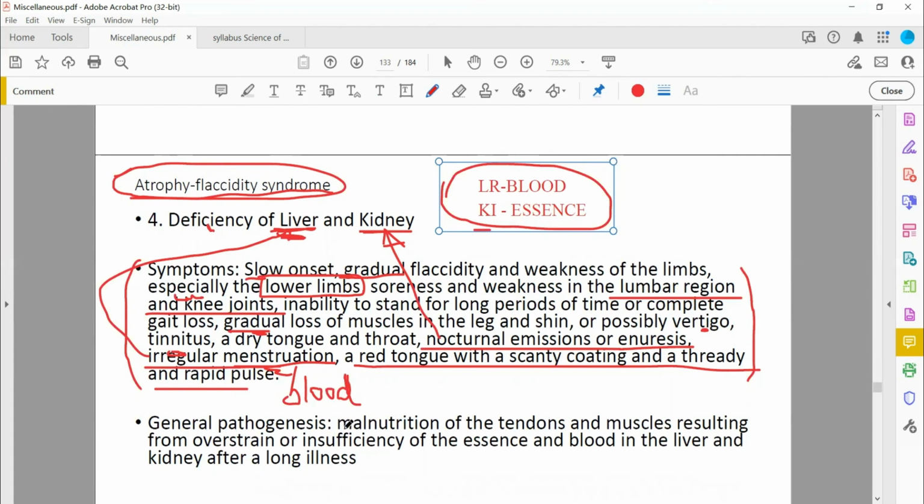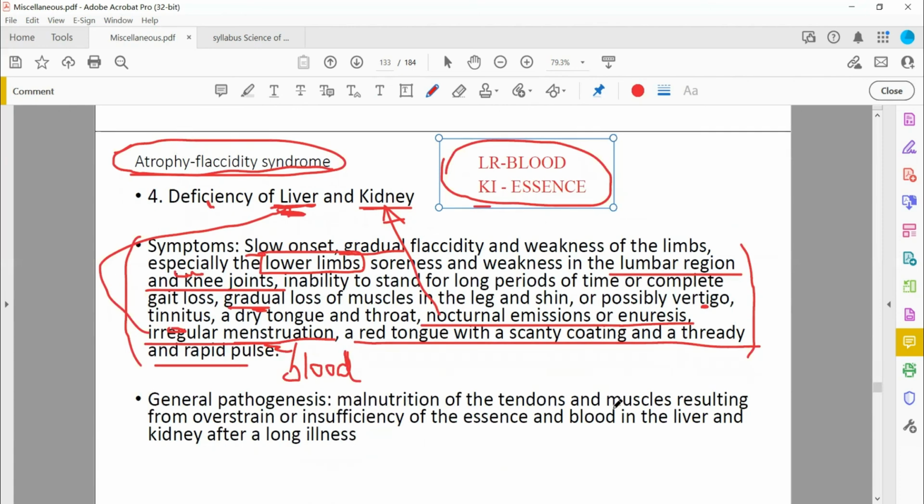So let's see how it's written. Malnutrition of the tendons and muscles resulting from overstrain or insufficiency of the essence and blood in the liver and the kidney after a long illness. In the end, essence and blood share the same source. So if this one's not good, that one is definitely not good.